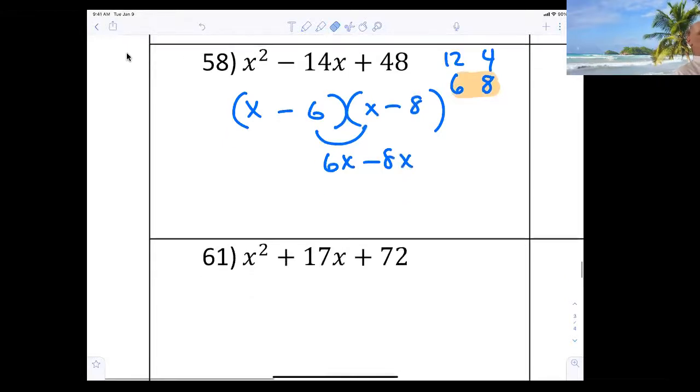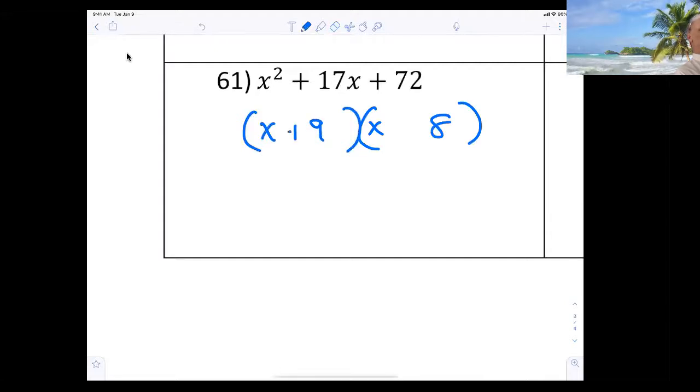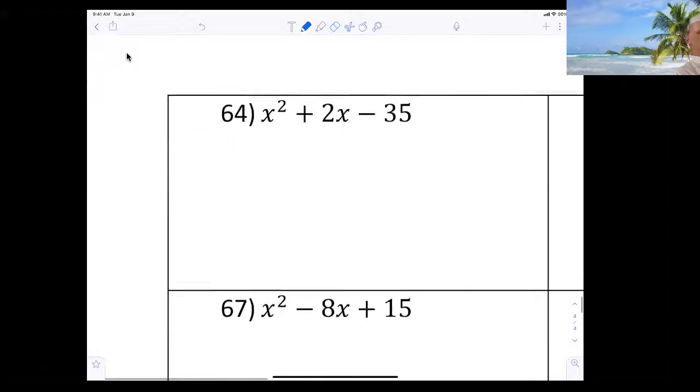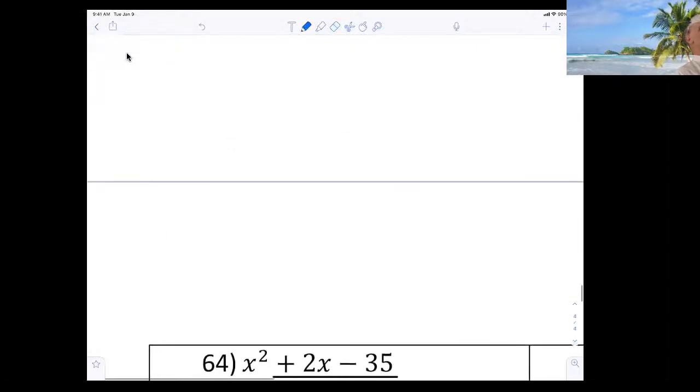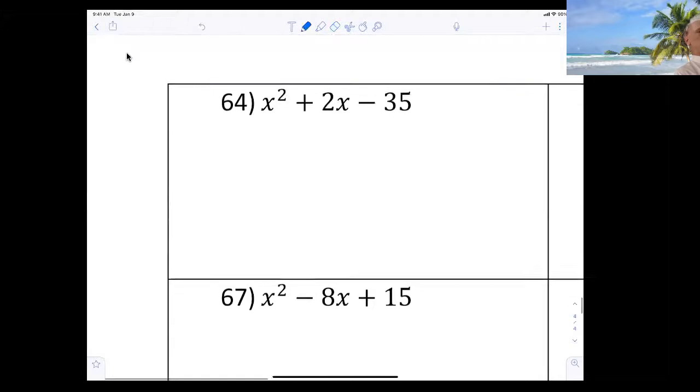Don't give up. All right, 61. Go, Jensen. We already did this one. Say it again. Good. Yeah, they're both positive. Here we go. What? No. Go.